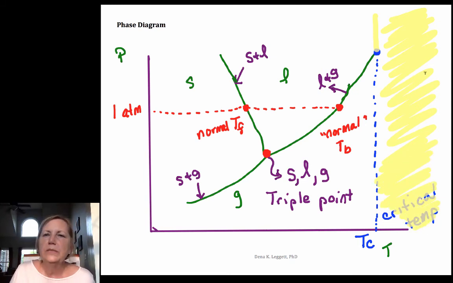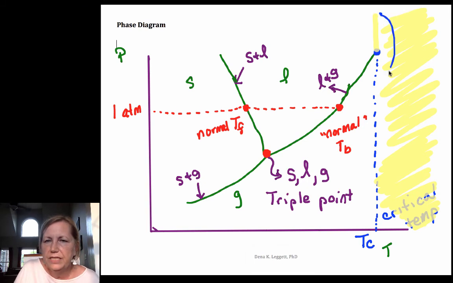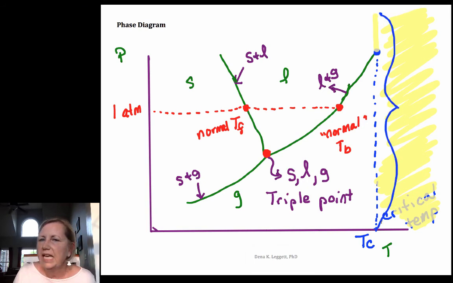So this will always be either a gas, or sometimes there's a range called a supercritical fluid that you might talk about in physics. But the point is, everything above this temperature, you cannot liquefy it. So no liquefying.